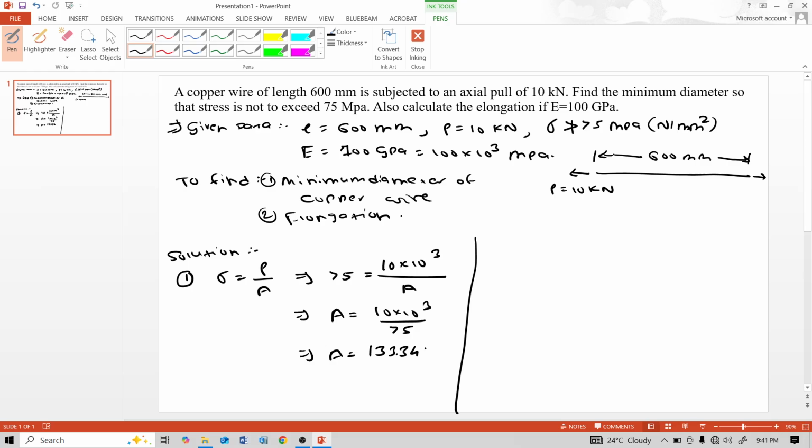Area is in mm square. After this we have to calculate the minimum diameter of the copper wire. So we take area equal to pi by 4 into d square, which is equal to 133.34.